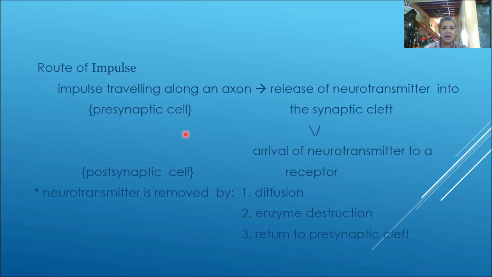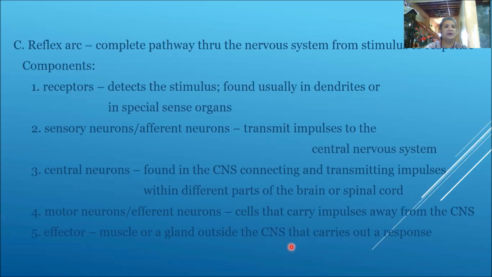Now, these neurotransmitters don't stay forever in the synaptic cleft. They could be removed by diffusion, by enzyme destruction, or they will return to the presynaptic cell where they initially started out.